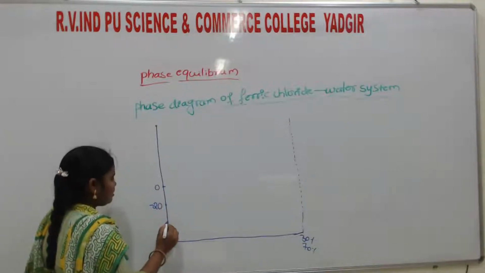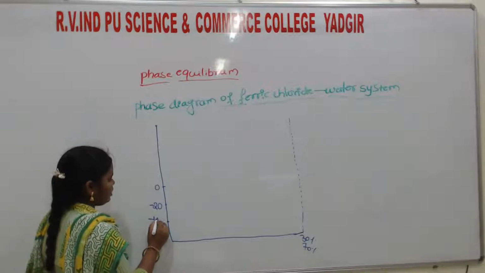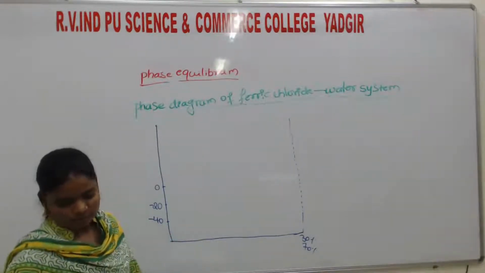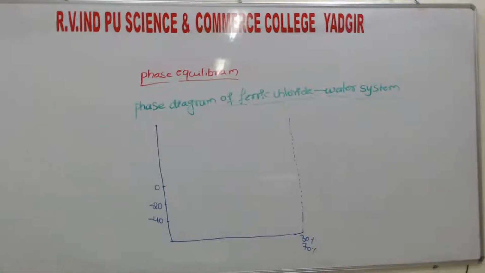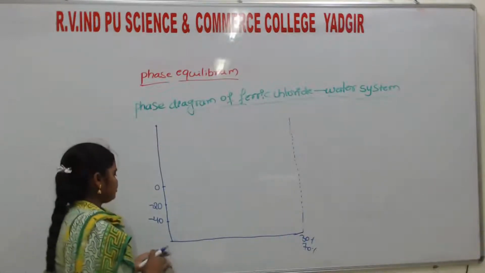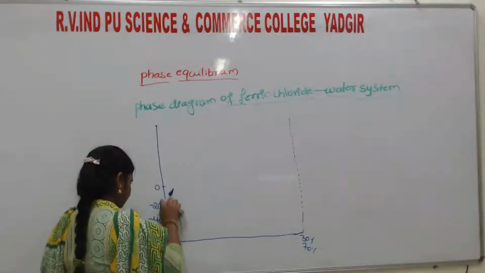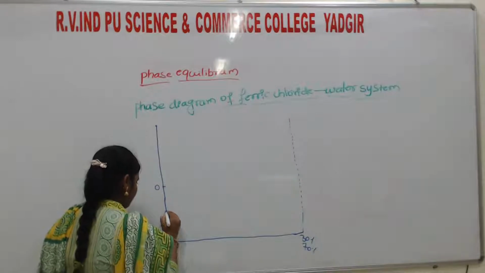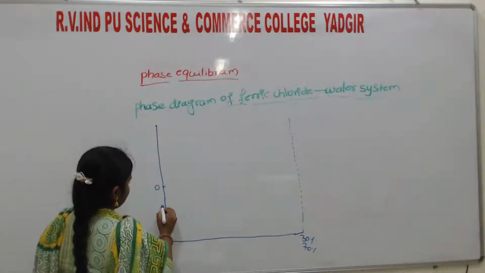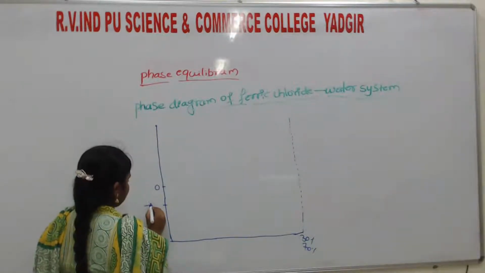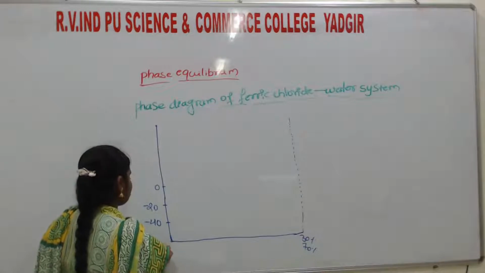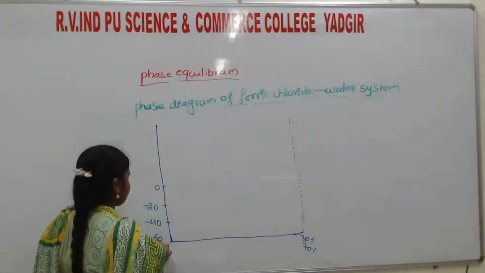Minus 20, minus 40. This is a minus system.